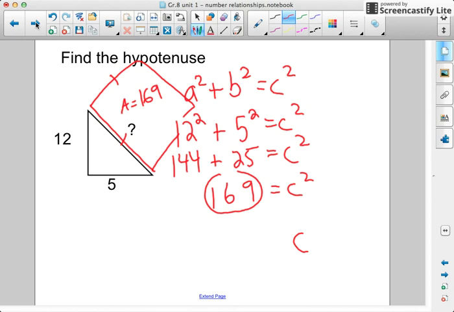So if we had the area of 169 and it was a square, to find the side length, we would have to take the square root of that. So we're going to take the square root of both sides, because the square root of c squared equals c. The square root of 169 equals 13. So the side length is 13, or the hypotenuse is 13. So those are the steps if you're looking to find the hypotenuse in a right triangle.